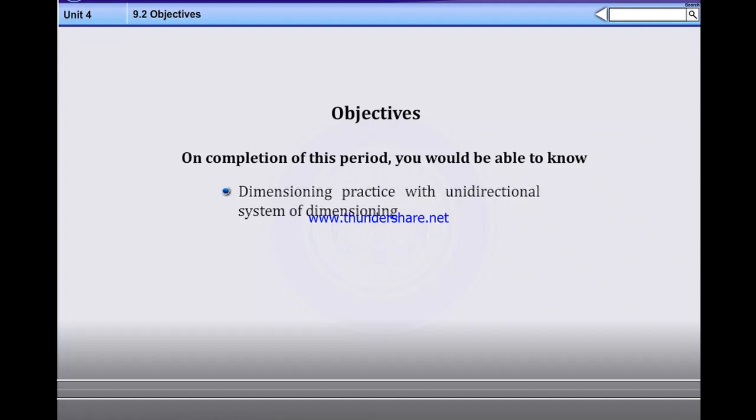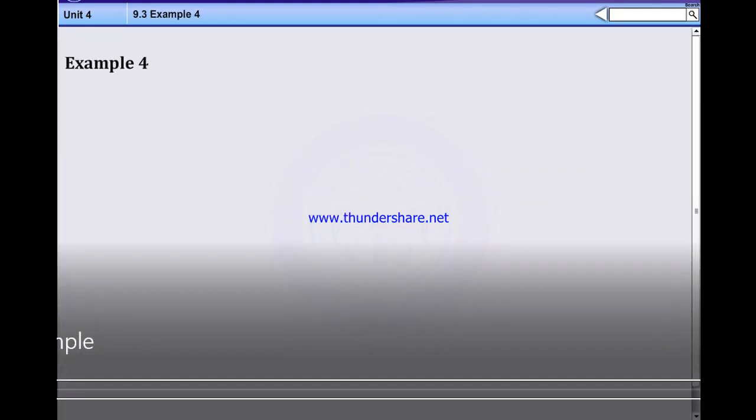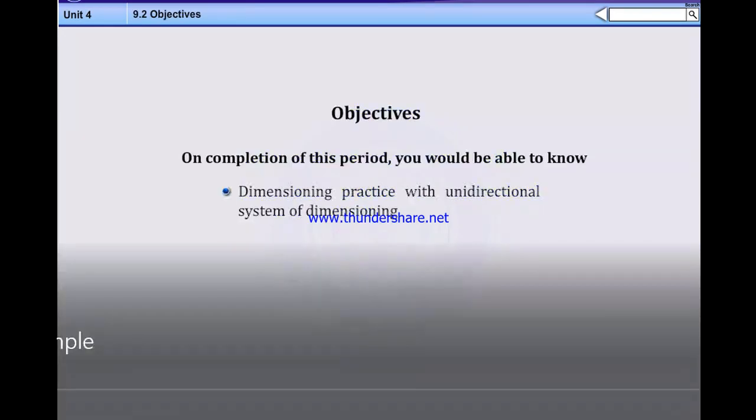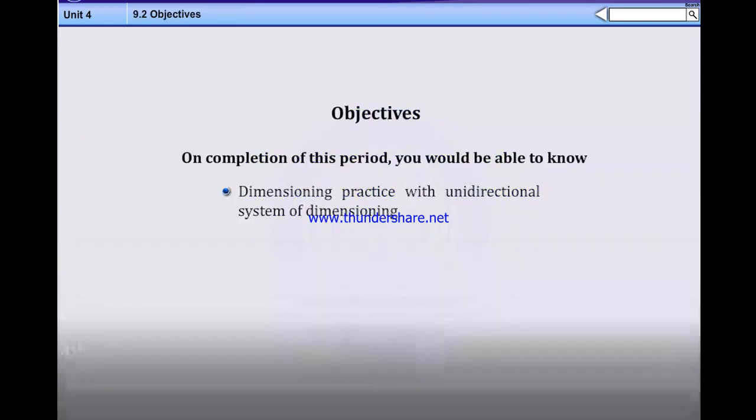Previously we have learned dimensioning practice in the aligned system. So now we study the unidirectional system of dimensioning practice. After completion of this, we will be able to know dimensioning practice with the unidirectional system of dimensioning.